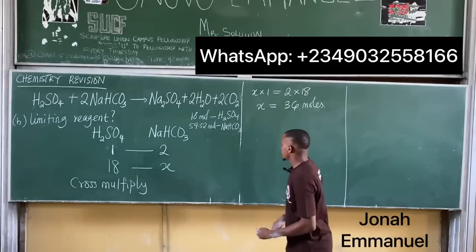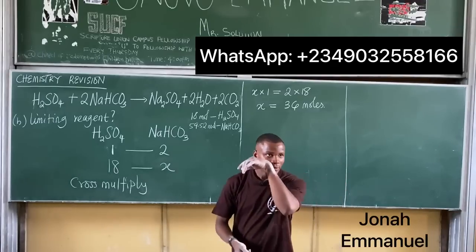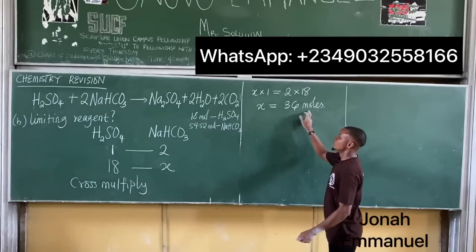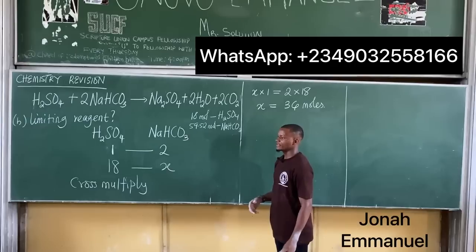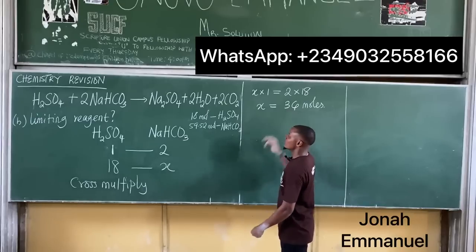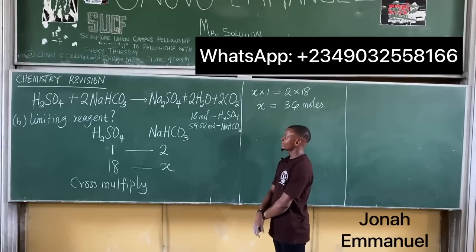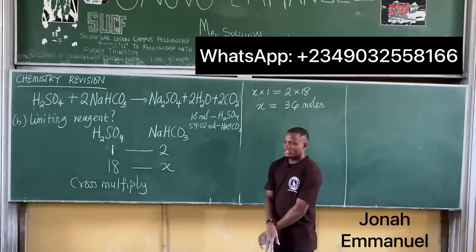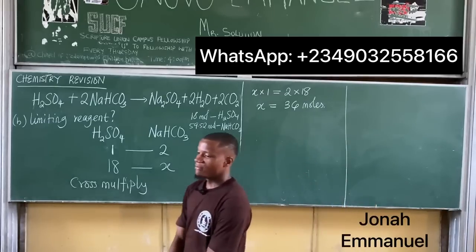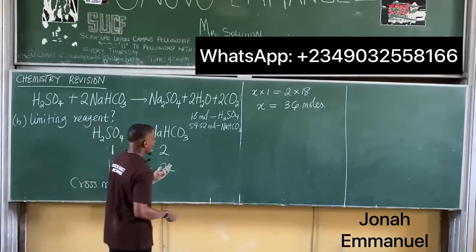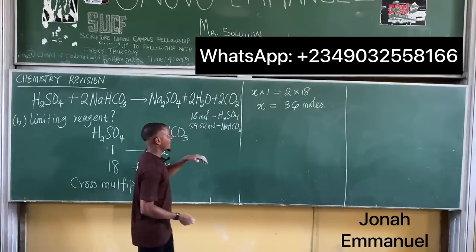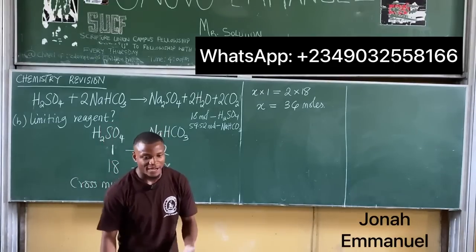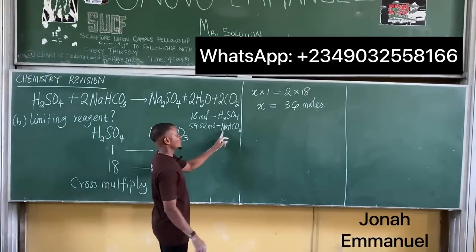So take down, please. Since only 36 moles of NaHCO3 are required, and we have 59.52 moles of NaHCO3, then we can know that this one is the excess.